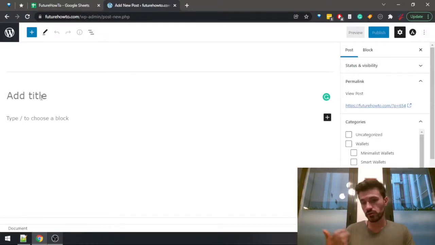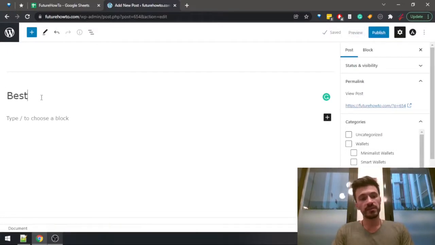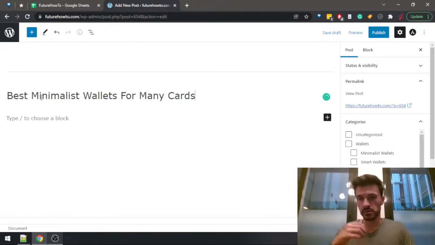So as usual, we start with simply just a keyword we're gonna target. So that's best minimalist wallets for many cards. That's it. So as we said, this is our use case. This is what we're targeting.